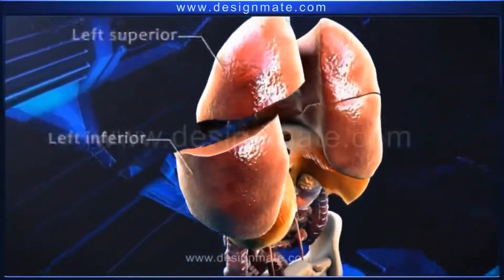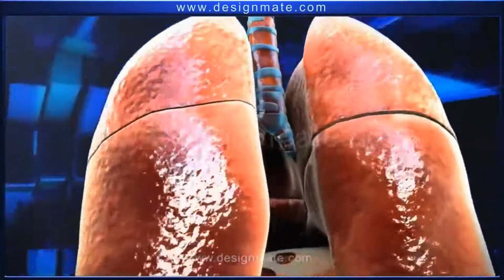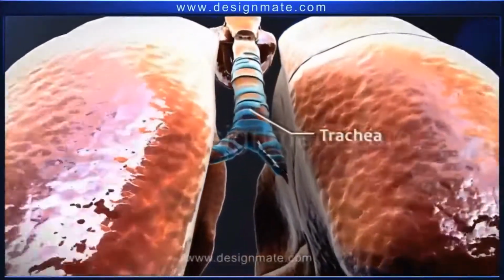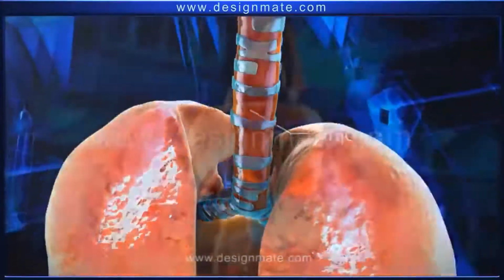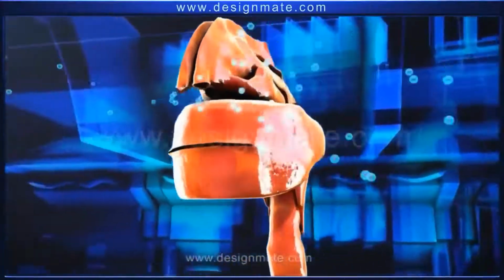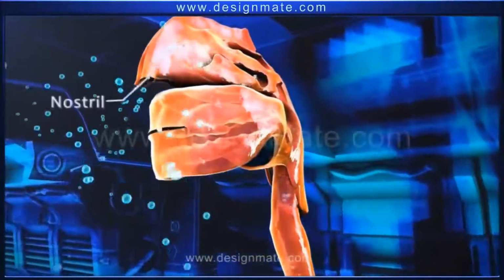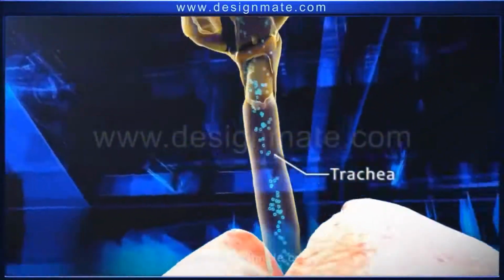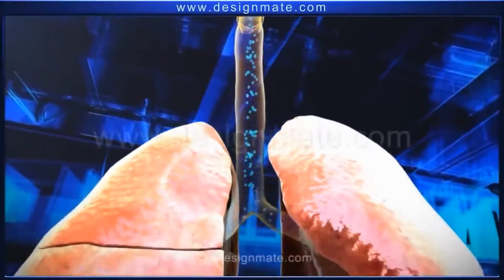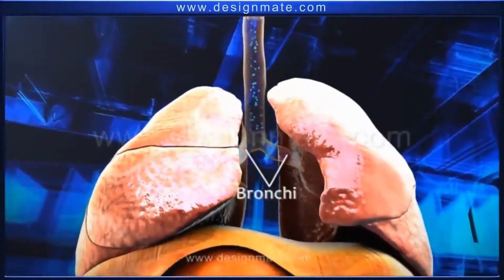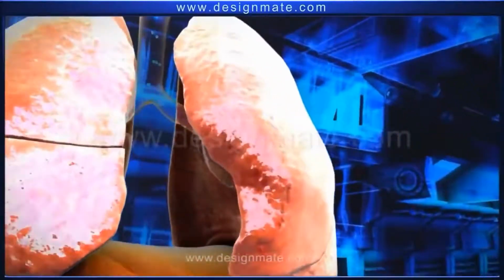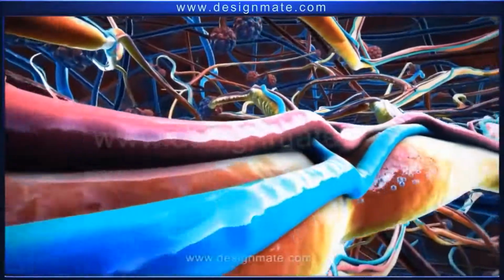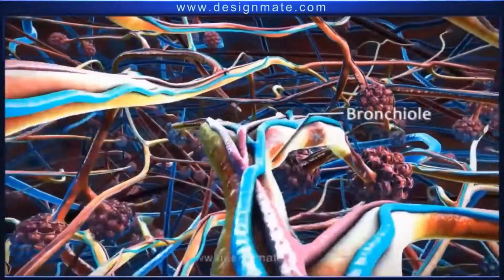Both the lungs are associated externally with bronchi. which unite and extend into the trachea. As we breathe, the oxygen molecules enter the nostrils and travel downwards through the pharynx and trachea to finally reach the bronchi. From each bronchus, oxygen travels into the lungs. Within the lungs, the bronchus divides repeatedly to form bronchioles.